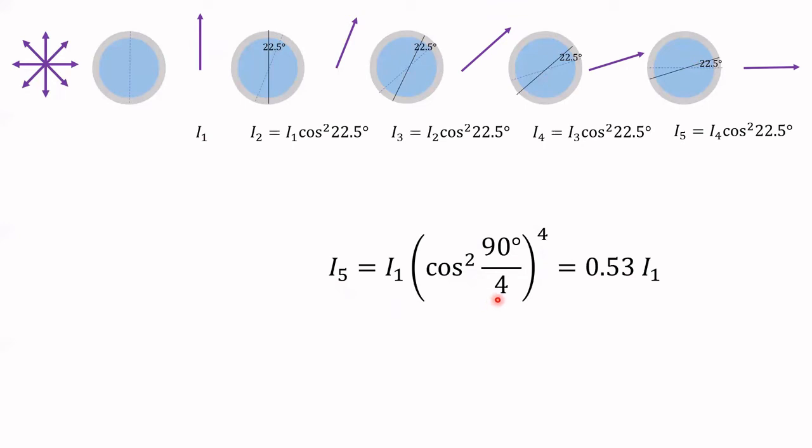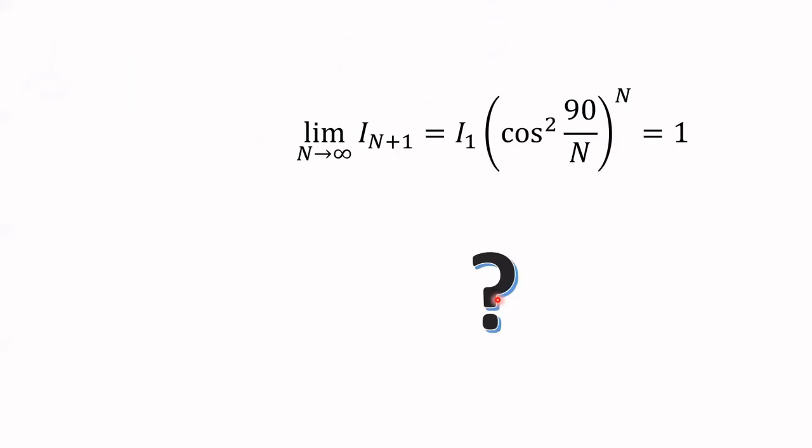So can we generalize this formula and perhaps postulate, this equation was supposed to be centered, that if we had a really, really large number of filters, ideal filters, of course. I say ideal because actual filters don't really transmit 100% of the incident light intensity when theta is 0.